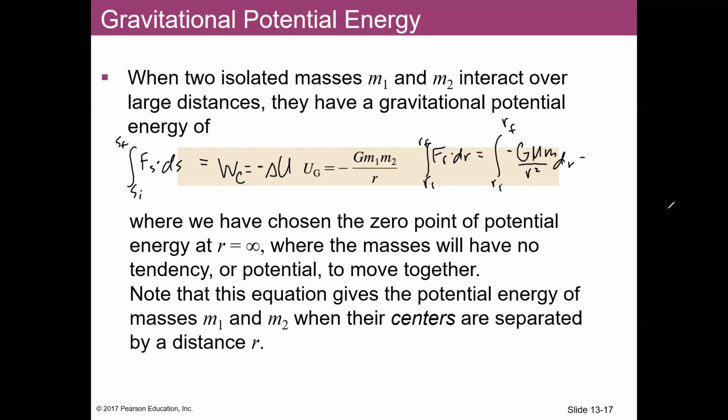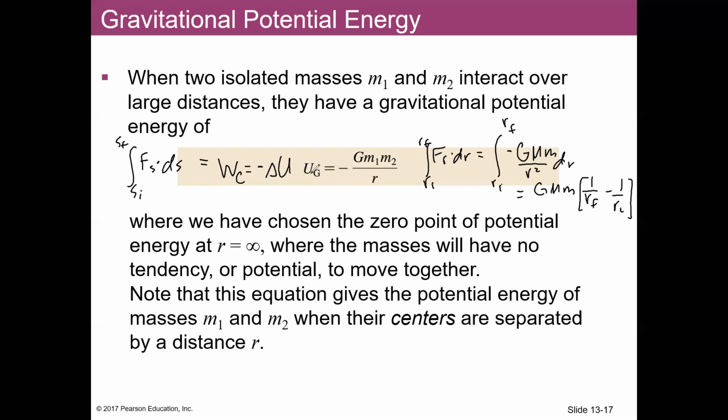It'll be G big M little m times the quantity 1 over r final minus 1 over r initial. And so those quantities give you the change in the potential energy. And so that defines the potential energy function.